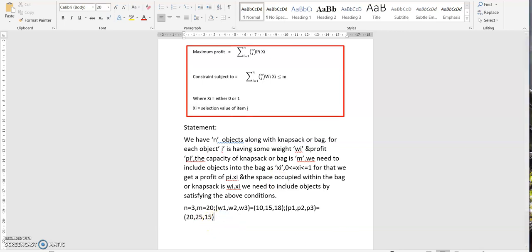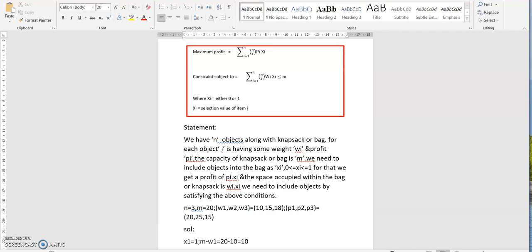Now go to the solution. First take the first object, that means x1 equal to 1, and after filling x1, m minus w1 is equal to 20 minus 10.